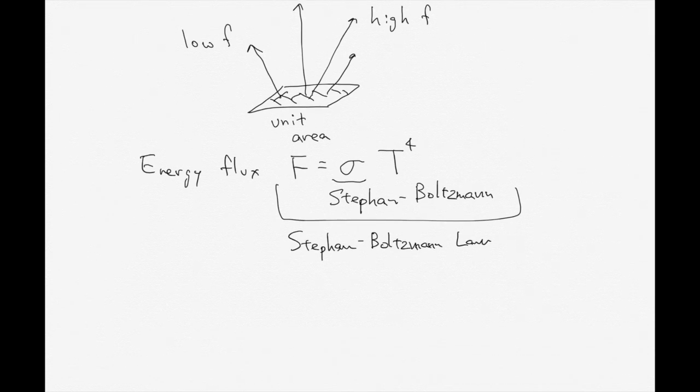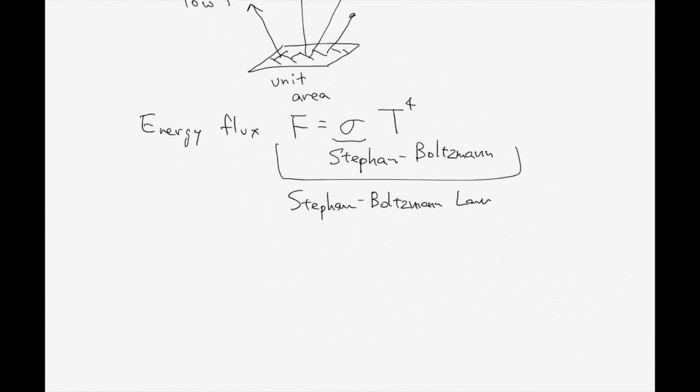The luminosity is obtained by multiplying the energy flux with the surface area of an object.